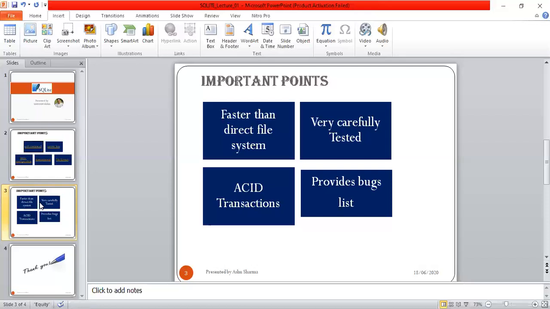It follows ACID transactions and provides a bugs list. So overall, these 8 points are very important. It is important from an interview perspective as well. People might ask you to give a brief about SQLite and its behavior, so you may go through this slide and these videos, and you can get a glimpse of how it works.